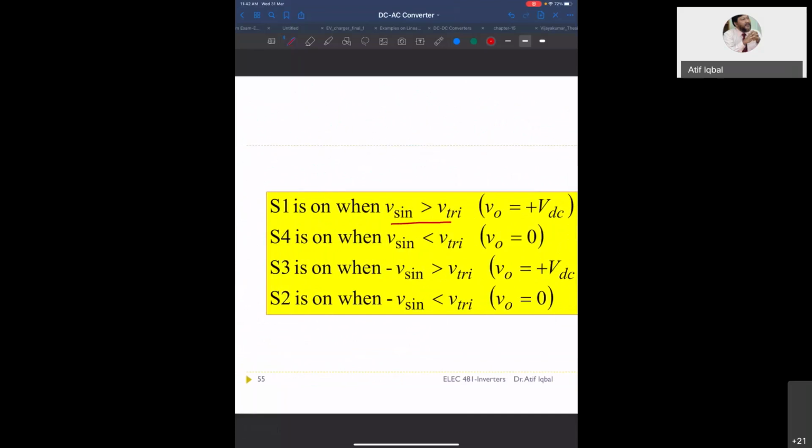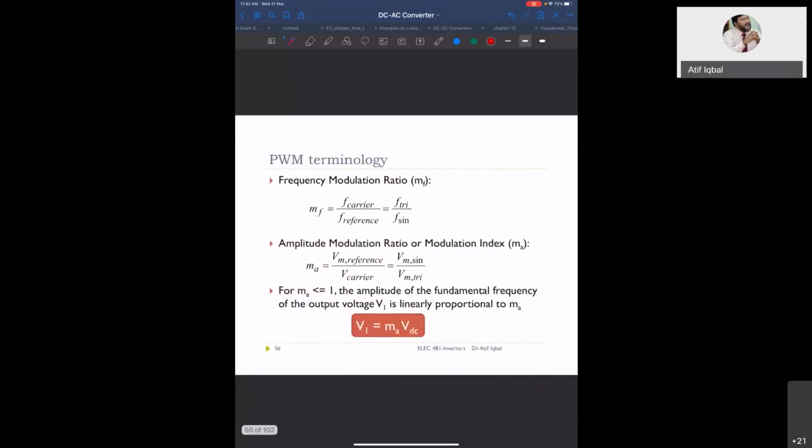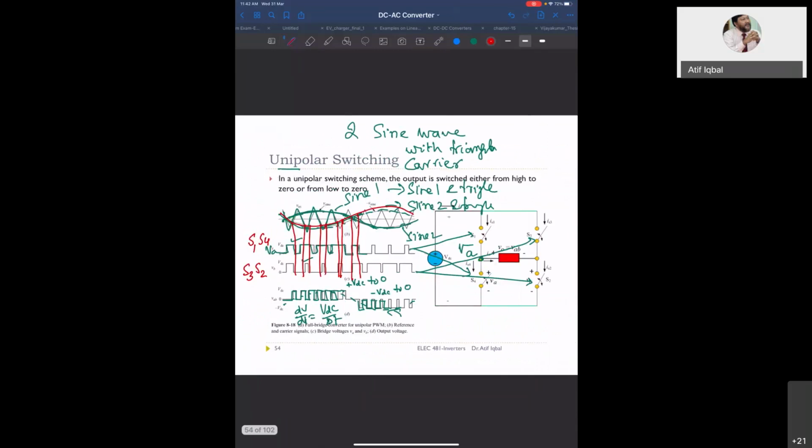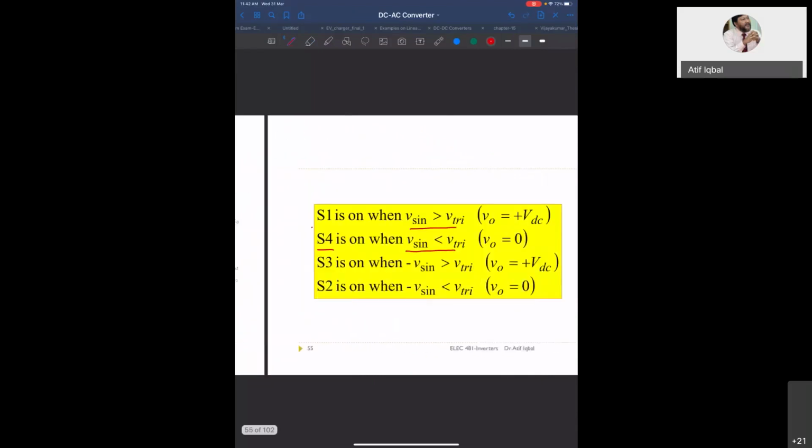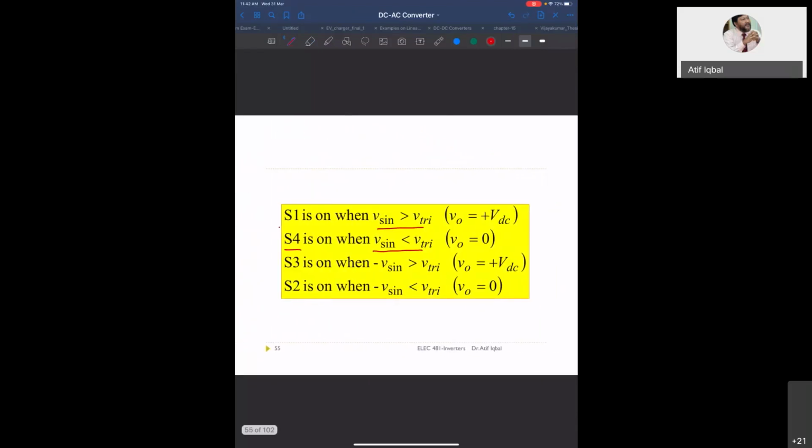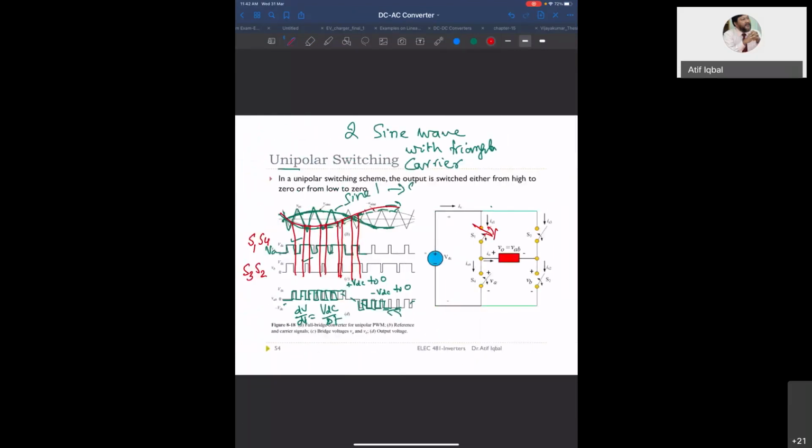S1 is on when sine is greater than triangle, and S4 is on when sine is less than the triangle. So when the sine is greater than the triangle, S1 is on and you get VDC as your output. When S4 is on, sine is less than the triangle, and you get 0 as your output.